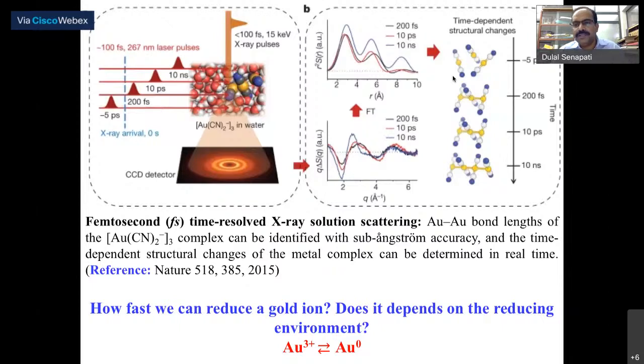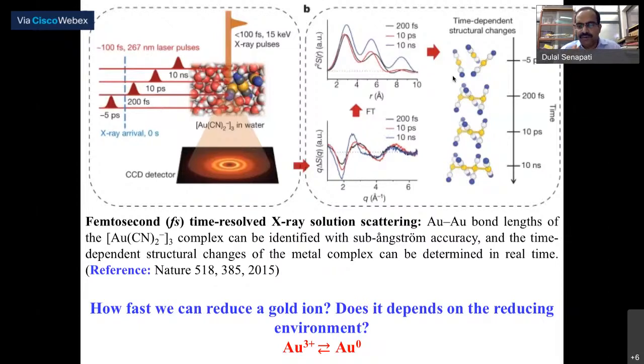At 5 picoseconds, the atoms are arranged. Even in 200 femtoseconds, three gold atoms come close to each other, and in 10 nanoseconds, they make clusters. These are the very fast kinetics, or very fast dynamics, that we can observe.